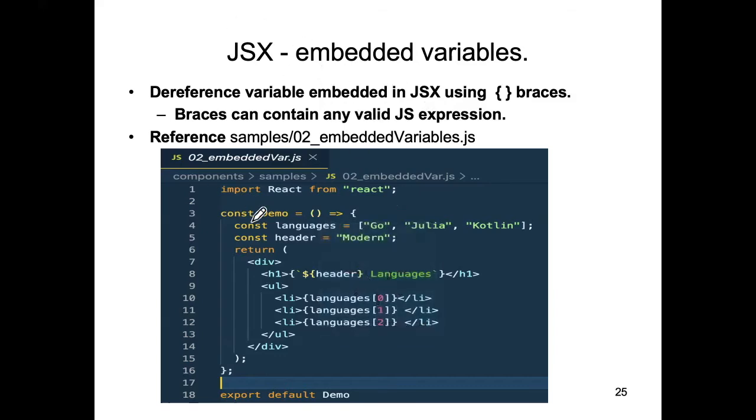And I've declared two variables here, and one of them contains an array of language names. And then down here, if you look at the JSX, I'm dereferencing the array, referencing entries within my array. But because that's essentially variable referencing going on here, I have to wrap those in curly braces.